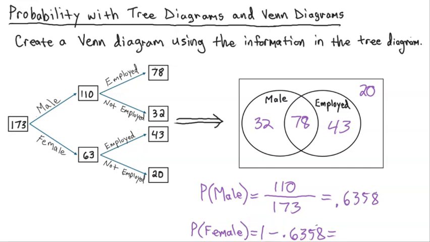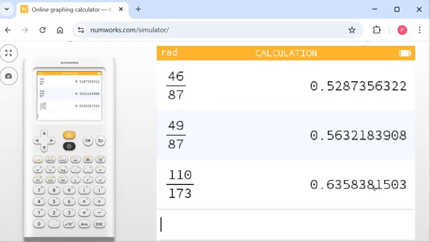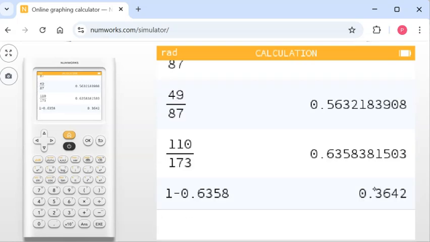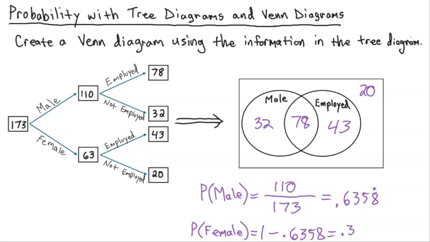So 1 minus the probability of male is the probability of female, which would be 1 minus 0.6358, and that's 0.3642. We could also do the probability of employed, and we could also do the probability of not employed.